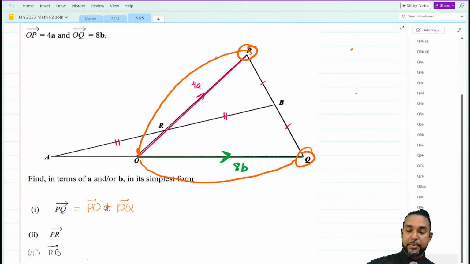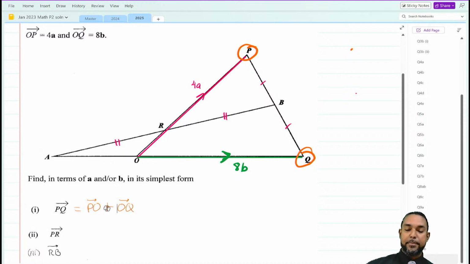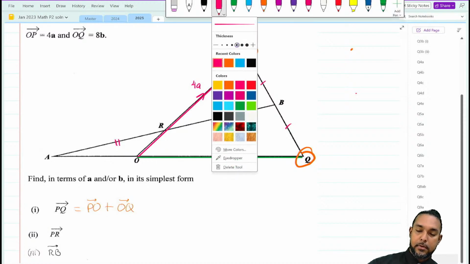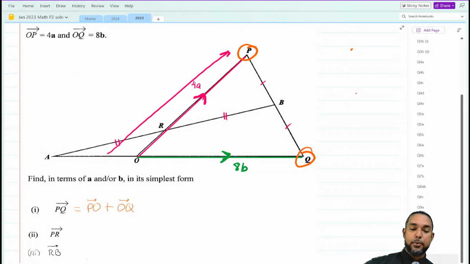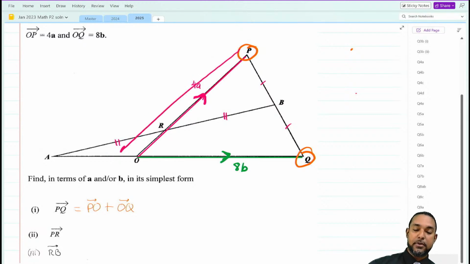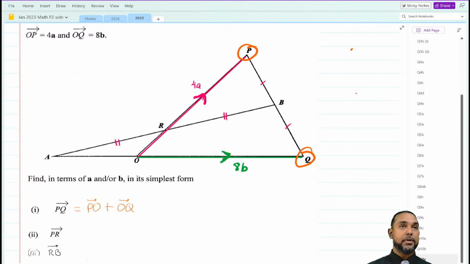Now, to go from P to O, if you look at the arrow along the pink line, it is traveling upwards from O to P, but we want to go backwards from P to O. So you have to invert the vector.